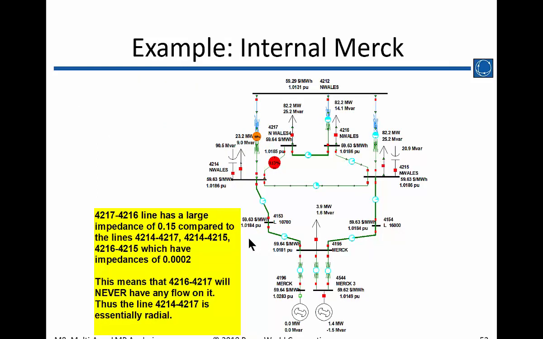This is a different situation where these two loads are at the same substation, and I guess this is supposed to be some sort of breaker or some sort of tie, but it has a really large impedance, which could be bad data. Maybe this is supposed to be closer to zero impedance to represent a breaker, but the effect of this being a really large impedance and these others being relatively small impedance means that this looks kind of like a radial line.